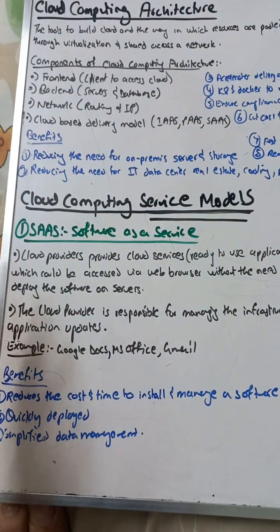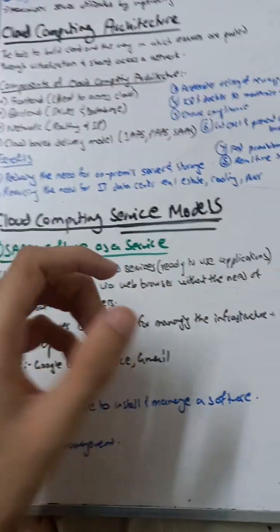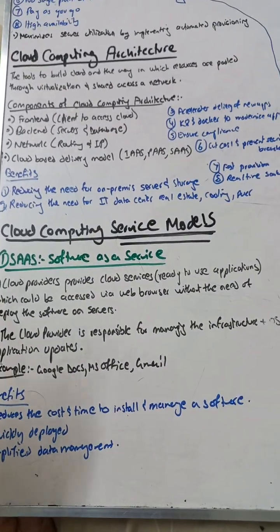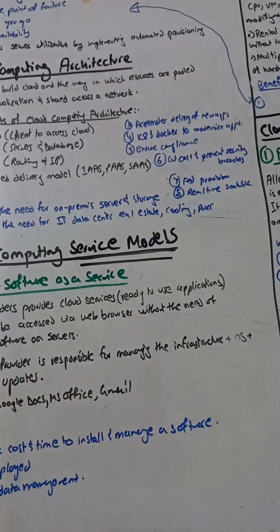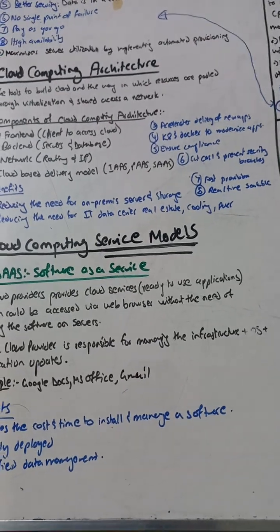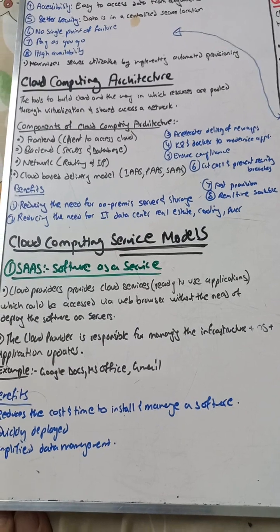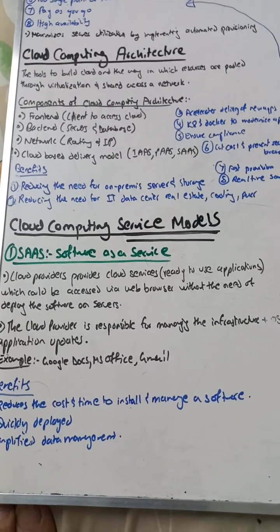In software as a service, we're basically saying that the cloud provider provides cloud services which are ready-to-use applications which can be accessed via web browsers without the need to deploy the software on servers. Basically, these cloud providers are giving you ready-made applications which you can use anytime you want, and you don't have to deploy any application on a server for it to work.